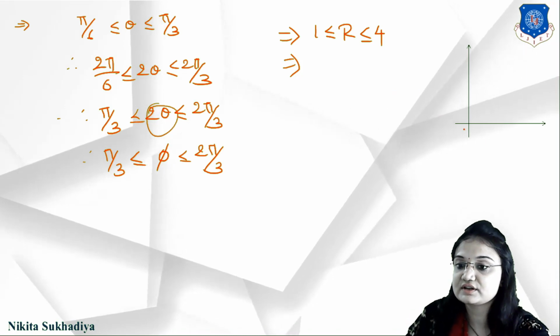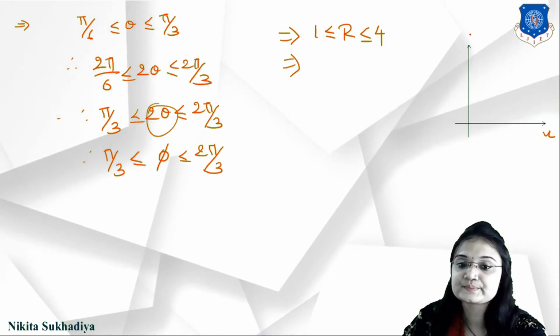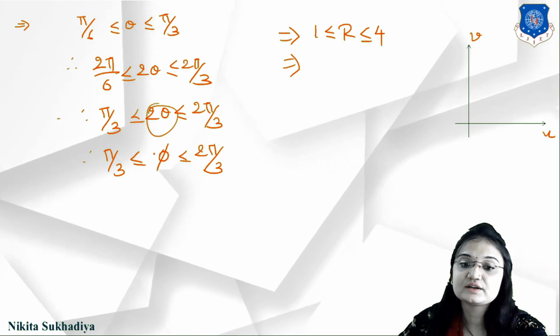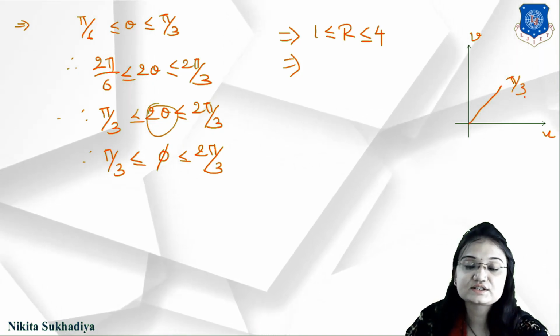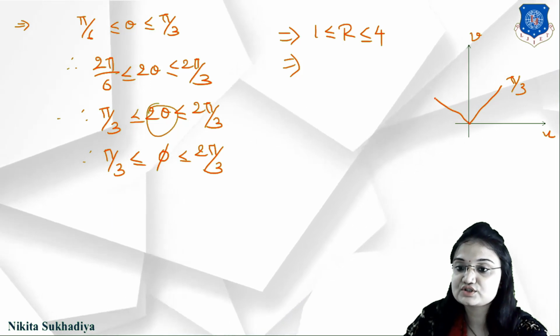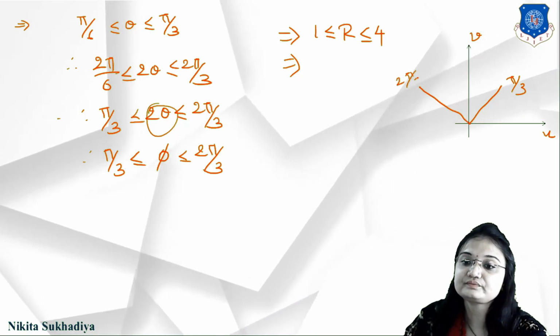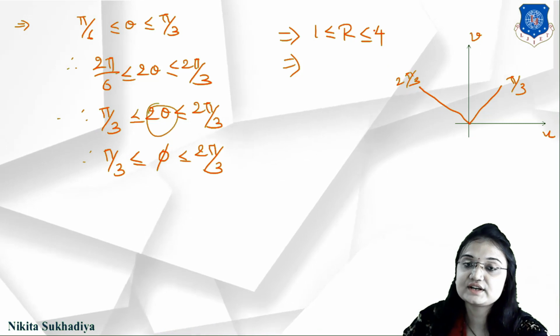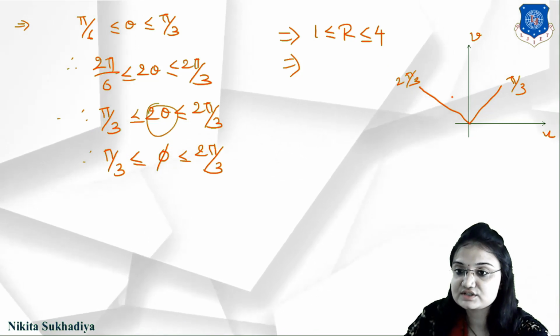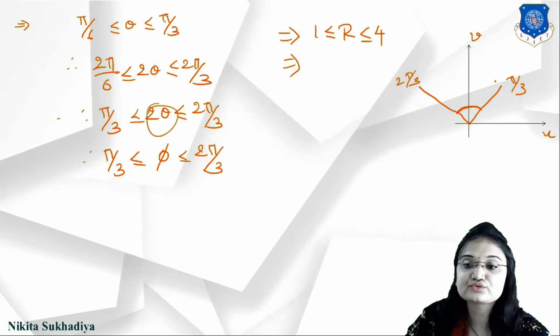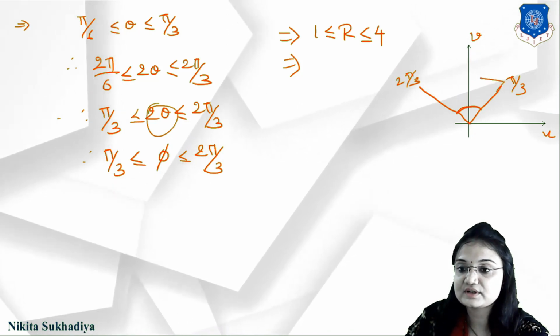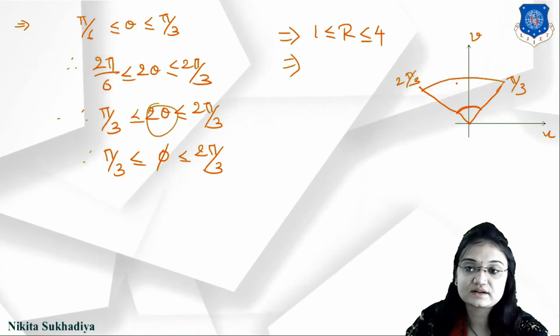Okay, so let us start with the angle. This one is our W plane, this is the U axis, this one is V. Here we have the pi by 3 angle, and second is the 2 pi by 3 angle. Then our first radius is 1, so this is a circle of radius 1, and the second is a circle of radius 4.